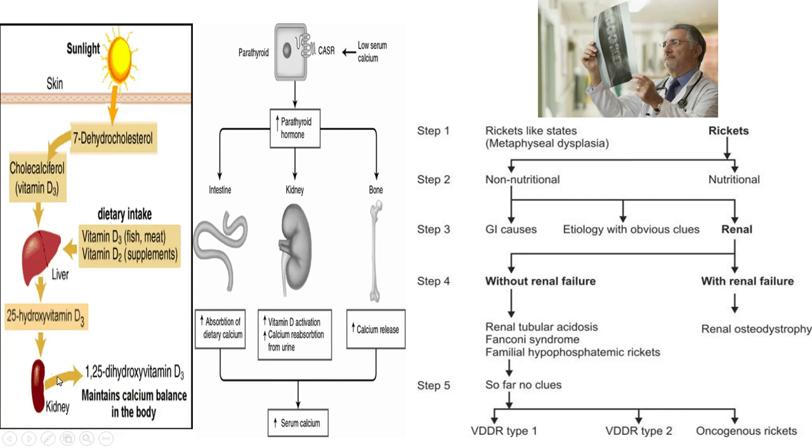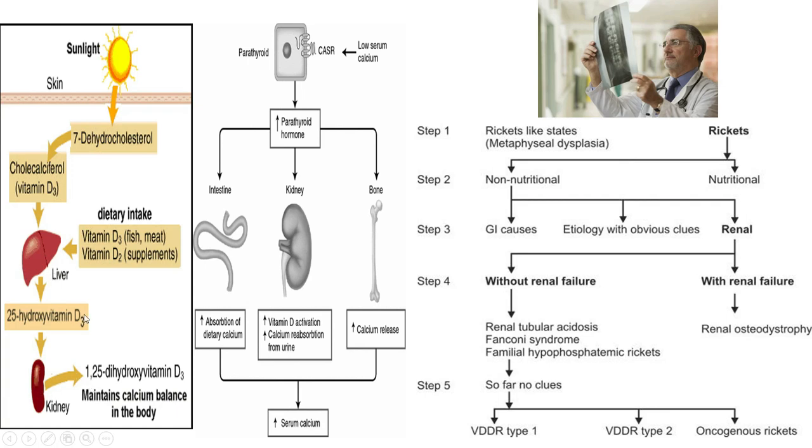So just keep in mind, I recapitulate this because 1-hydroxylation occurs in the kidney, but 25-hydroxylation is occurring in the liver. So that is very important.